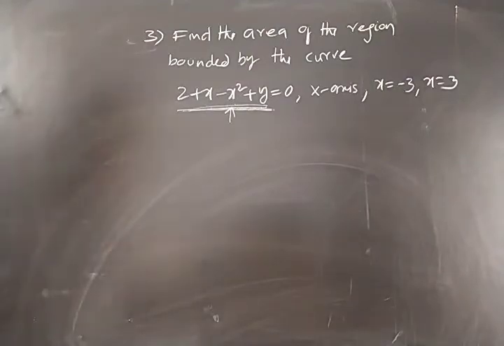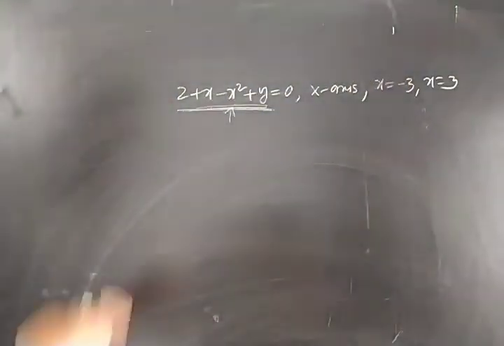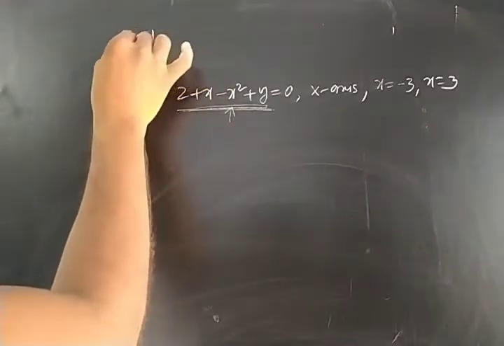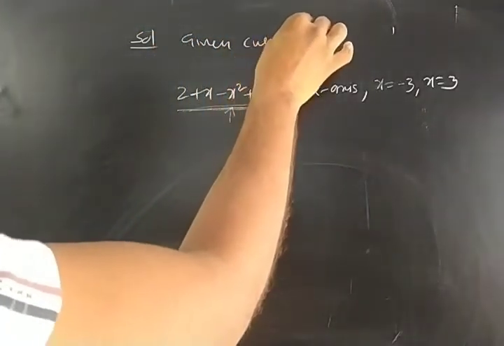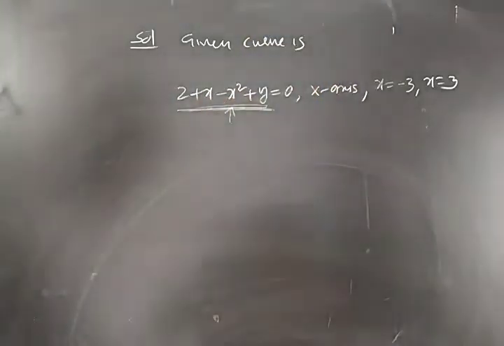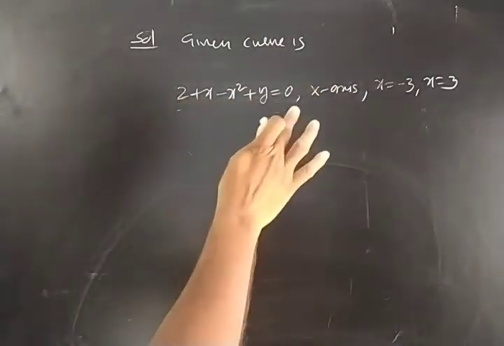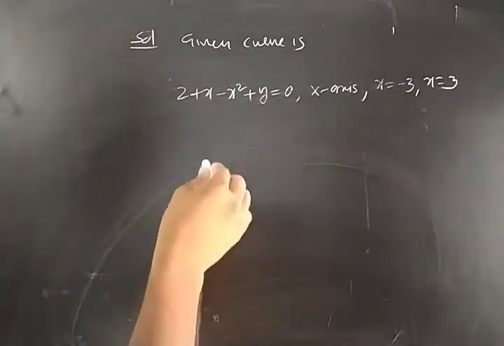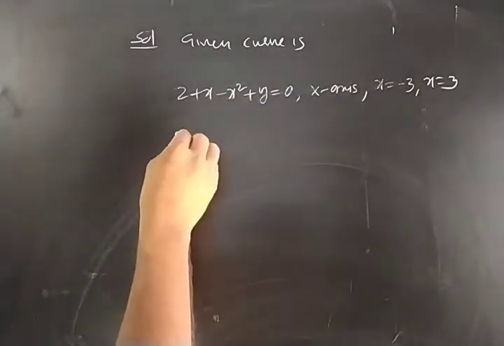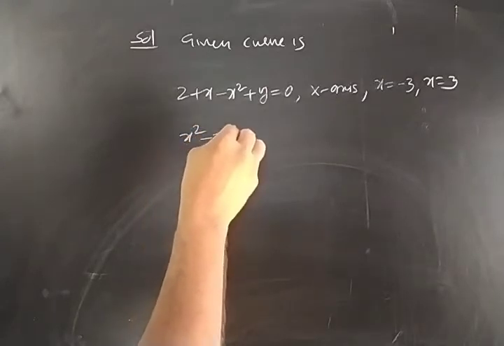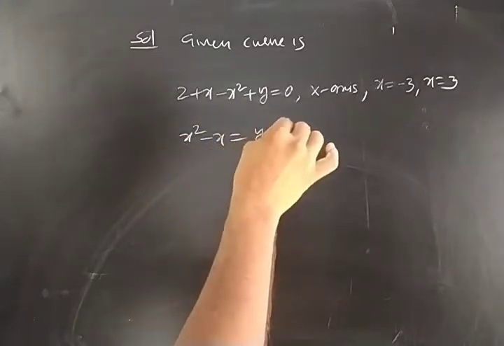Okay. Here the given curve is 2 plus x minus x square plus y equals 0. So to convert into standard form, I am sending all x terms to the right hand side. By sending these 2 x terms to the right hand side, you will get x square minus x is equal to y plus 2.